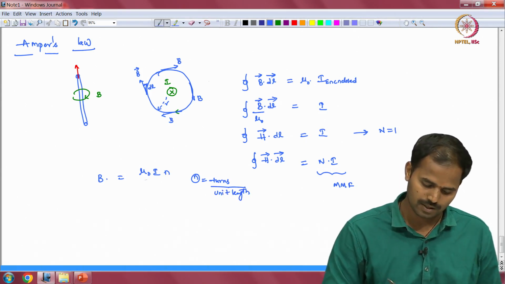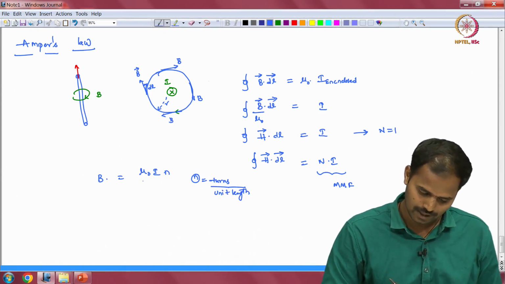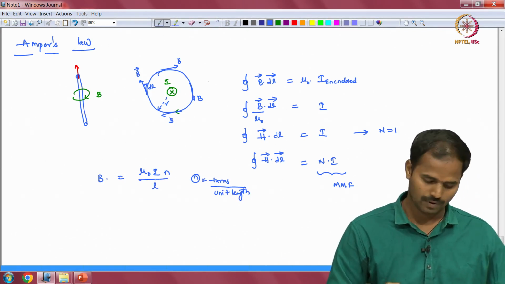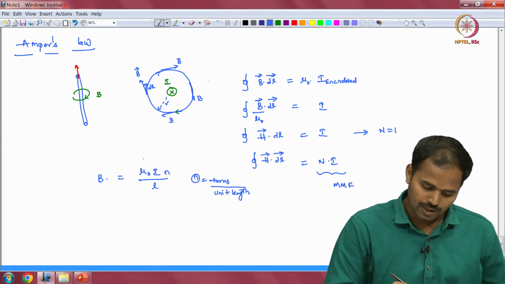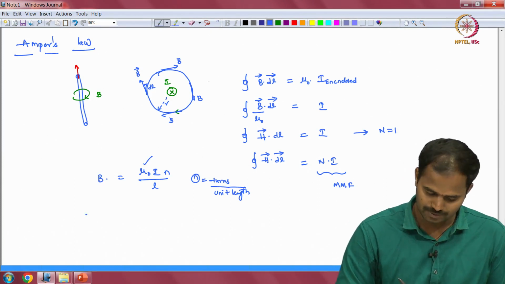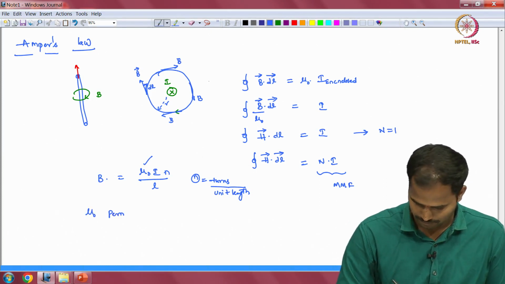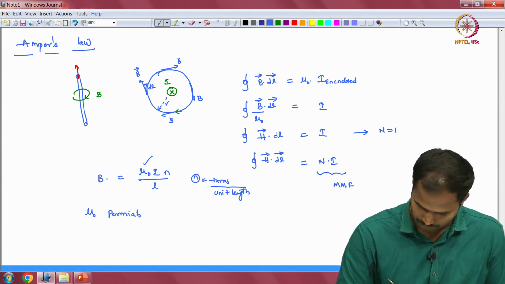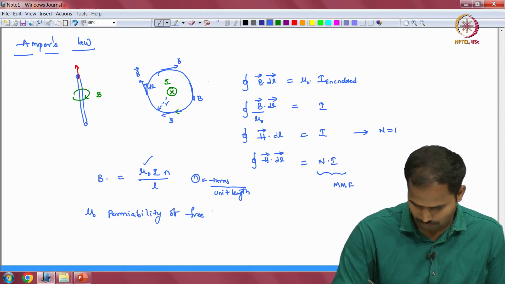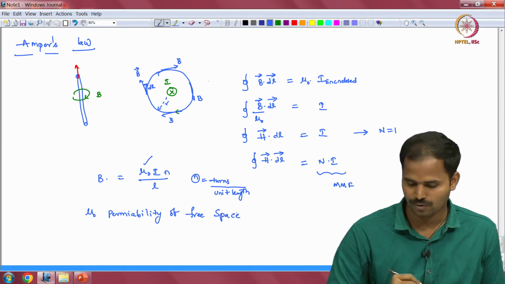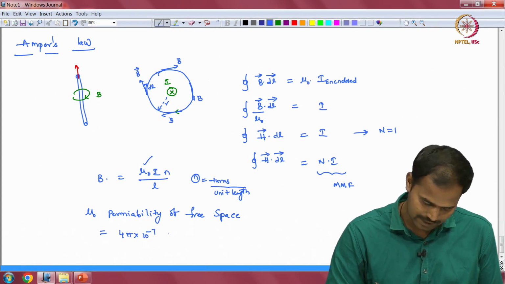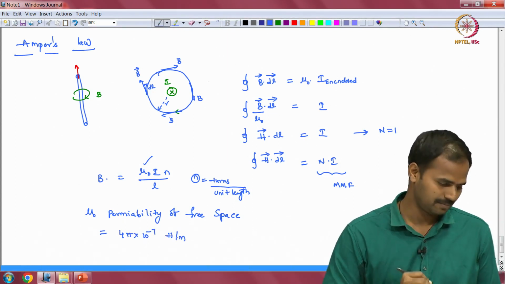Mu naught I into n divided by L. Here mu naught is the permeability of free space, that is equal to 4 pi into 10 power minus 7 Henry per meter.